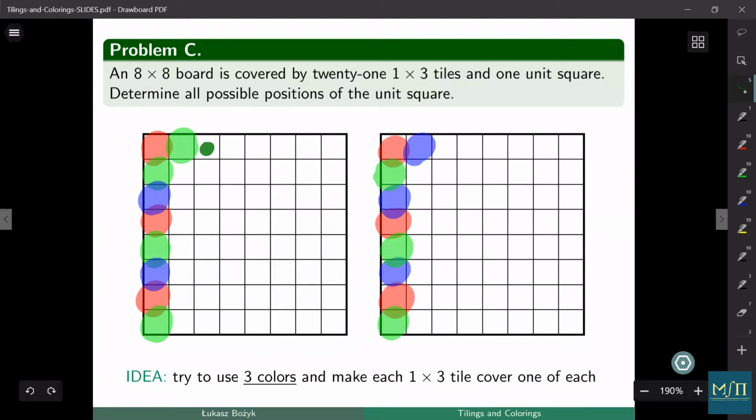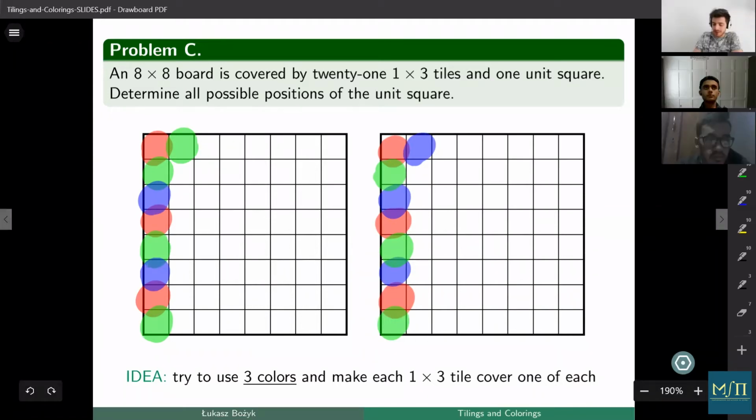First of all, look at the first row. It can be filled just similarly as we did with the first column. So the 3 colors should appear in a periodic fashion, with period 3, because we could assemble the tiles consecutively like this.